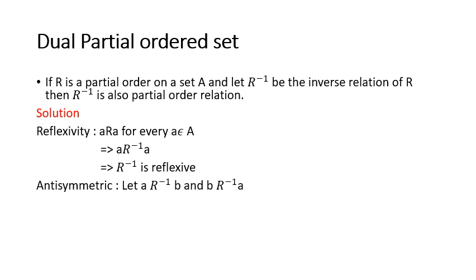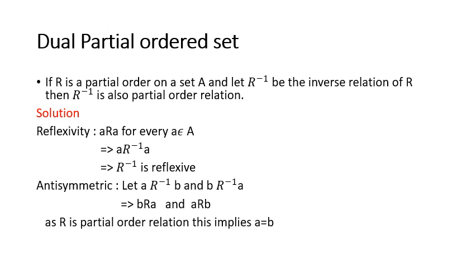Now, antisymmetric. If A R inverse B and B R inverse A, then we need to prove that A is equal to B. So here if A R inverse B, we can write B related to A, and A related to B. It is given that R is a partial order relation.